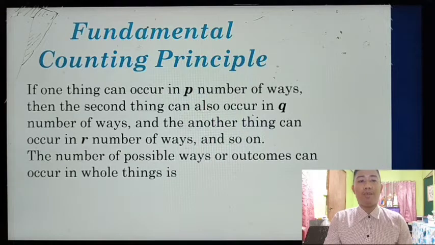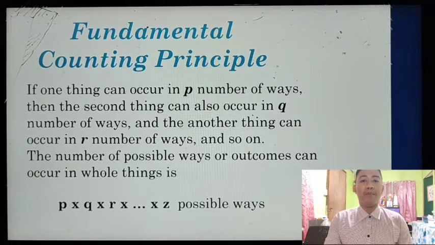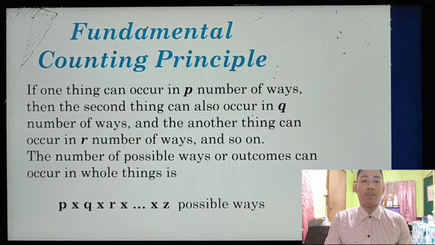The number of possible ways or outcomes is the product of P times Q times R times S and so on, until the last thing, which can occur in Z number of ways. These are the product of all possible ways.